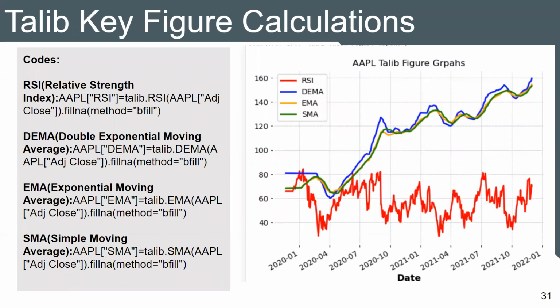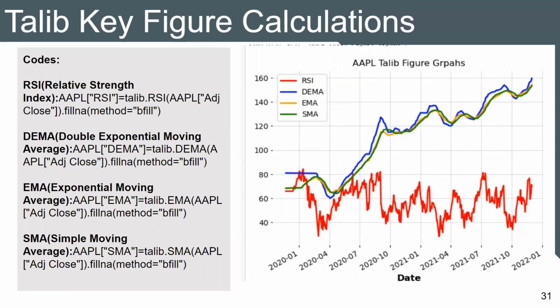In this part, we use the TA-Lib technical analysis Python library for key figure calculation. TA-Lib is an open source Python library that analyzes historical data on the stock market, such as stock prices and volume, to predict future prices or market direction so that we can invest accordingly, and we use the relative strength index.